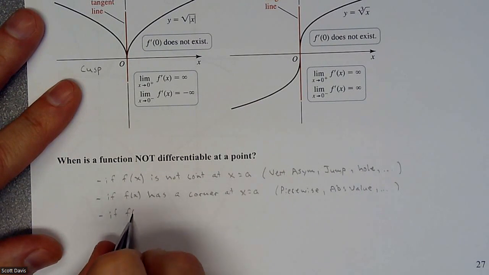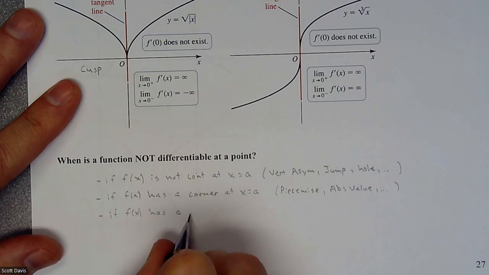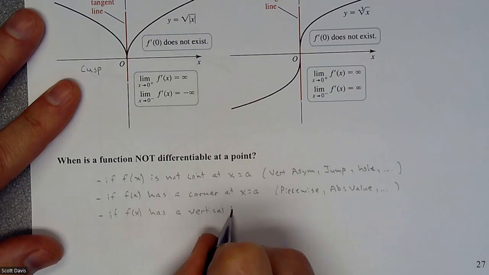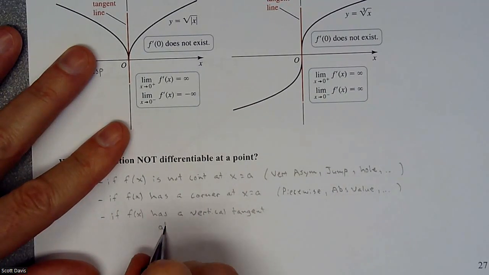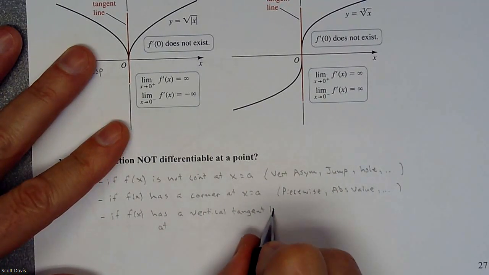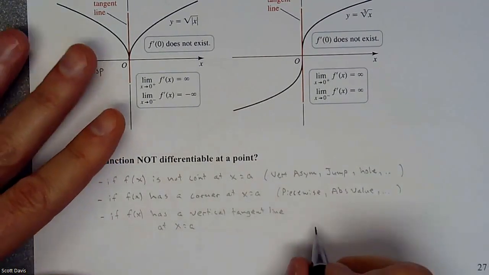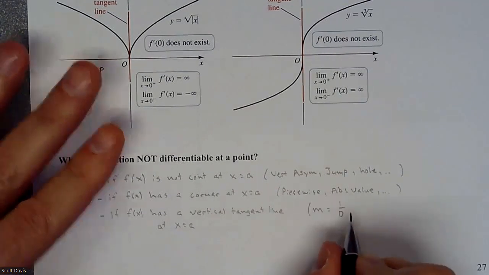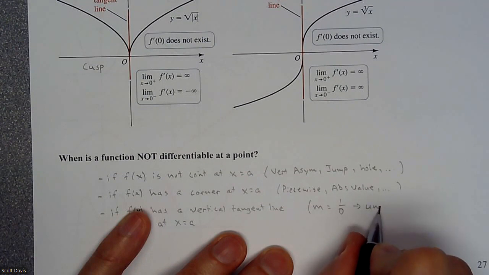If f of x has a vertical tangent line at x equaling a, think of when your slope is 1/0, aka undefined.